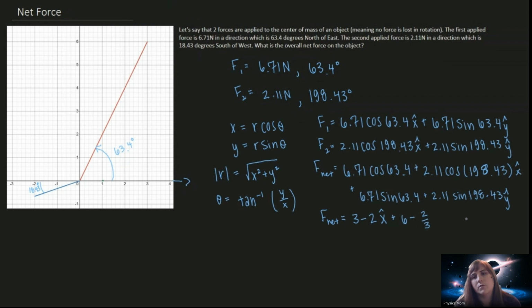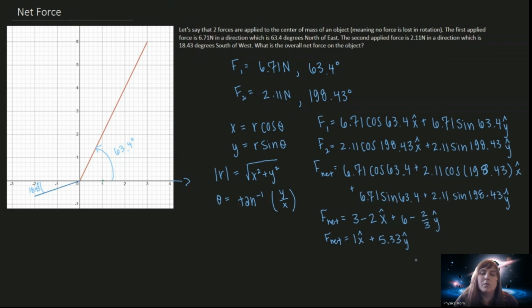It's not required to do fractions. That's in the y hat component. So F net is equal to 1 in the x hat, plus 5.33 in the y hat.